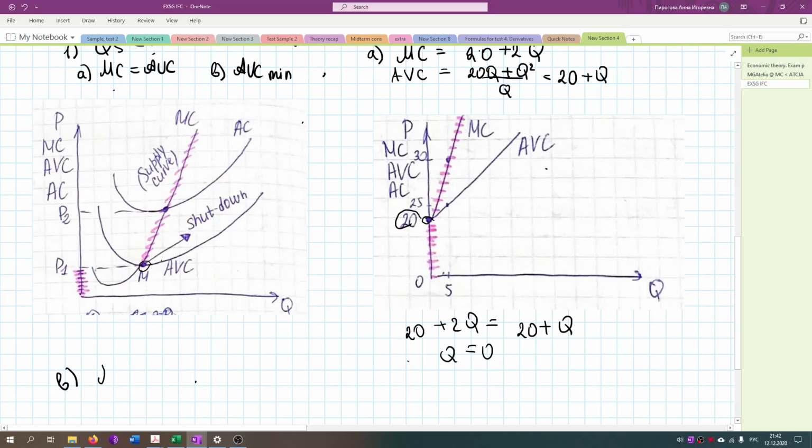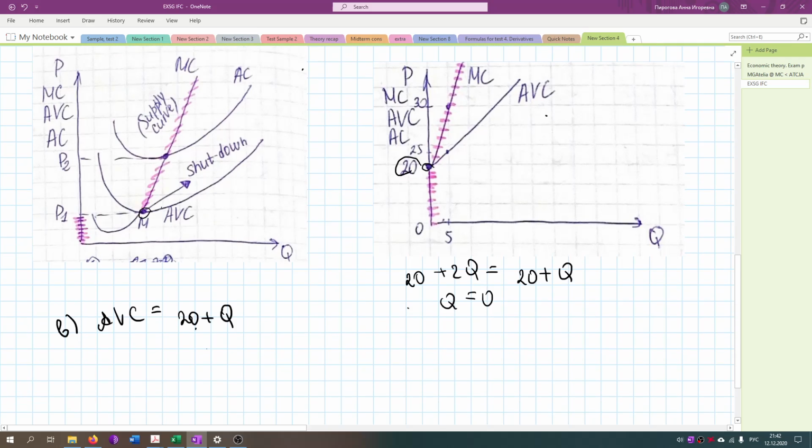So average variable cost is equal to 20 plus q, which we received in the previous step. And if we take the derivative of our average variable cost from Q, we will receive 1.